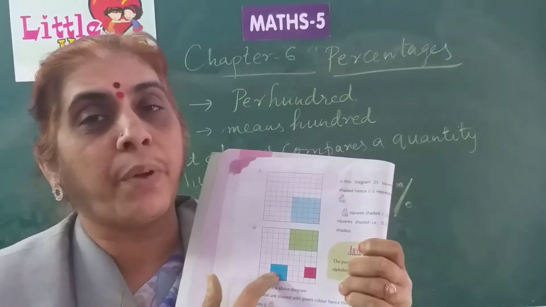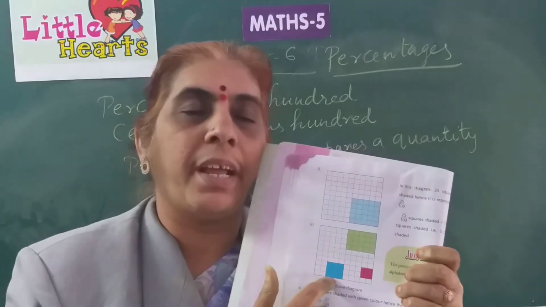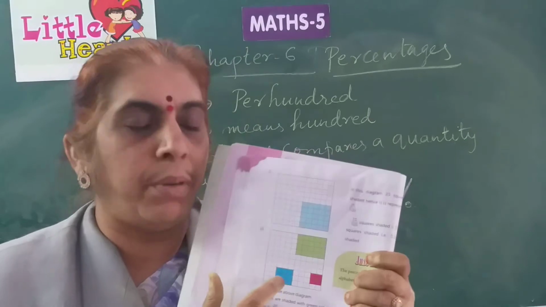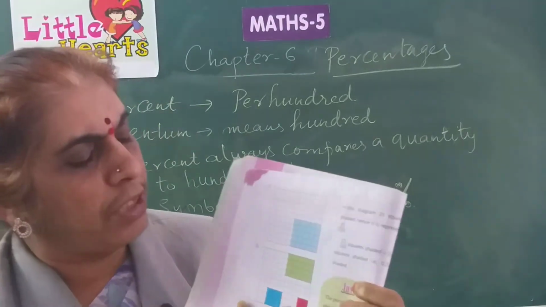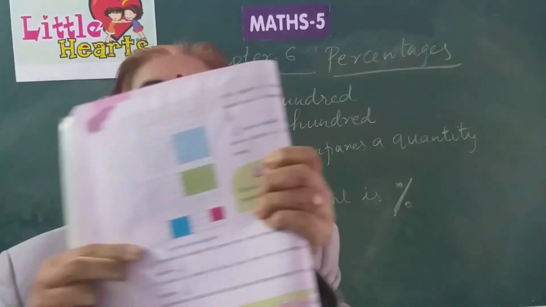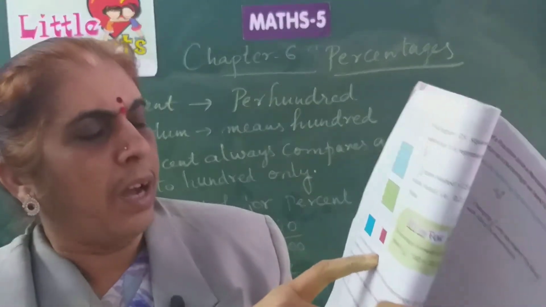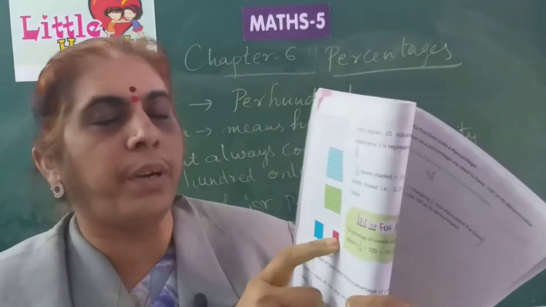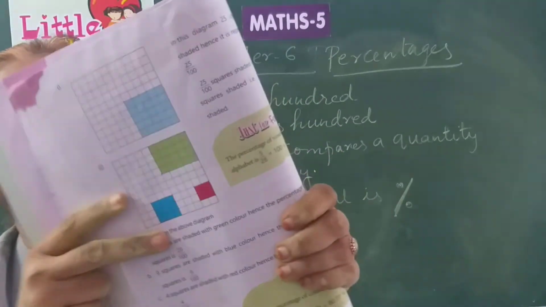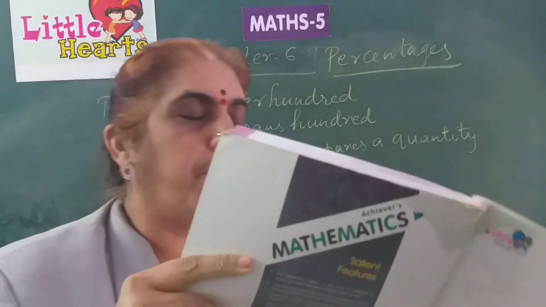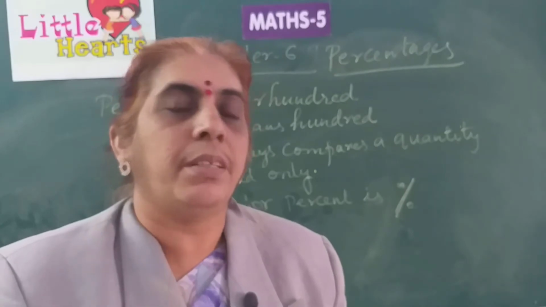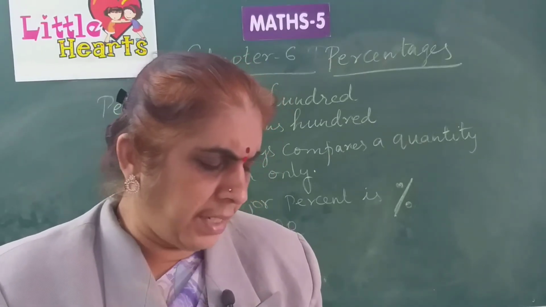Only 9 squares out of 100 are shaded in blue. And the percentage of red color is 4%. That is 4 by 100. Out of 100 squares, 4 only are shaded in red color. In this way, you compare. Percent means the denominator should be 100.